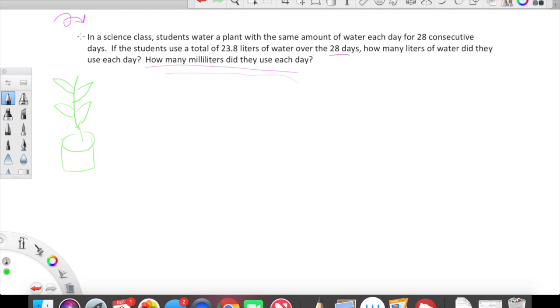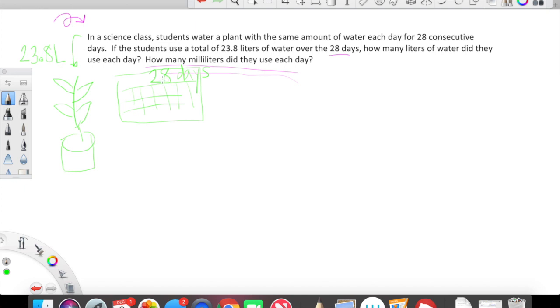And this plant gets 23.8 liters of water across, I'm just going to draw a quick calendar, across this calendar, 28 days. Okay, so we have a plant, it's getting a lot of water, it's being watered across 28 days.